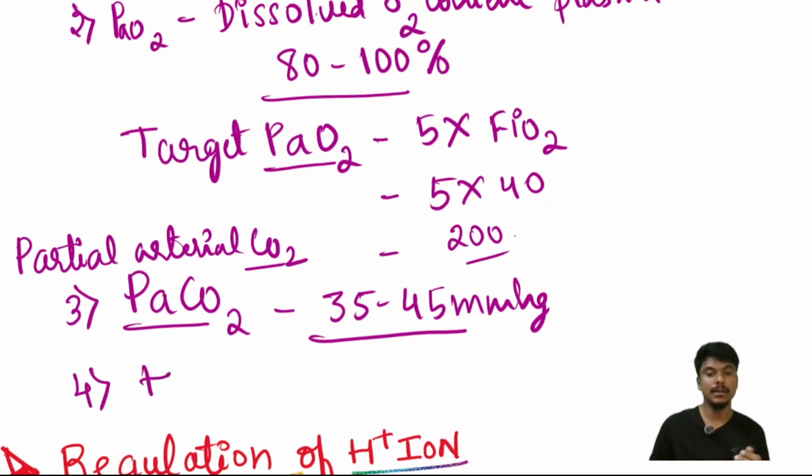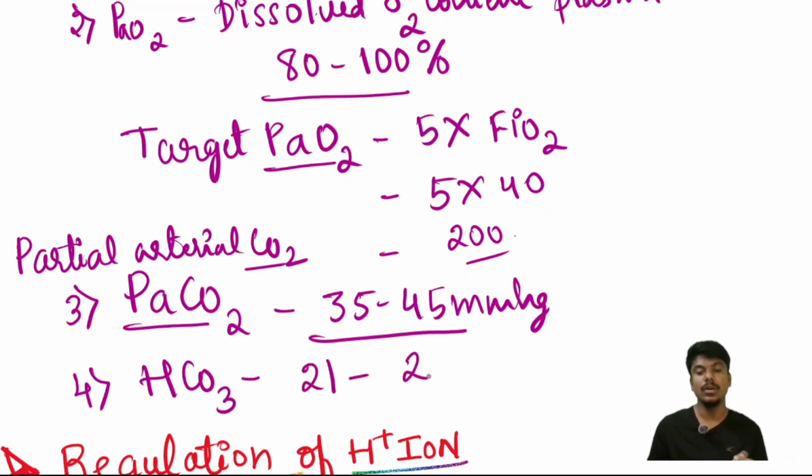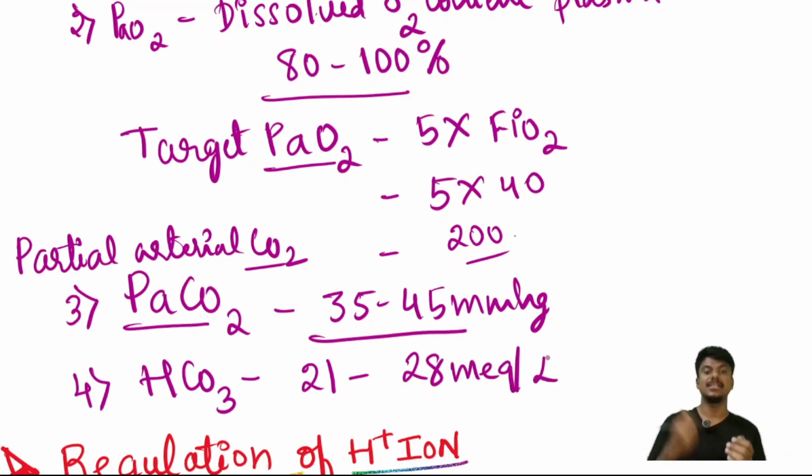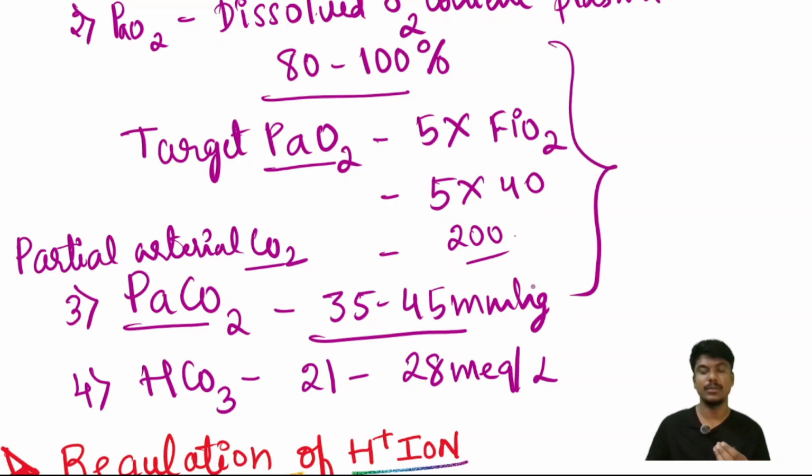And one more thing is your bicarbonate level. Normal bicarbonate is 21 to 28 milliequivalents per liter. I'm taking here only the major normal ABG parameters. If you want somewhat extra, I will write somewhat extra normal ABG parameters. That is your anion gap.